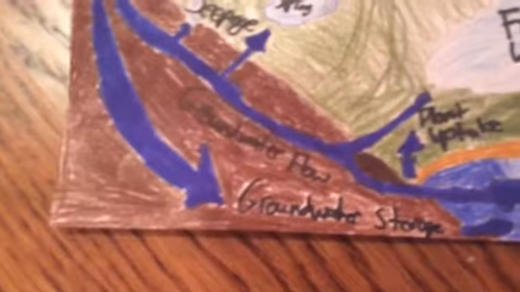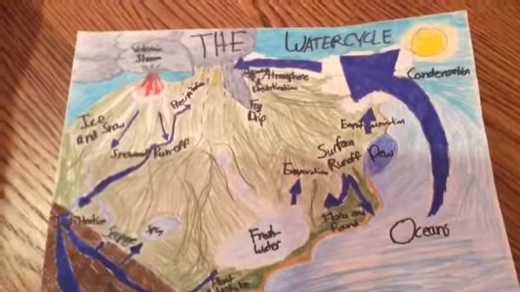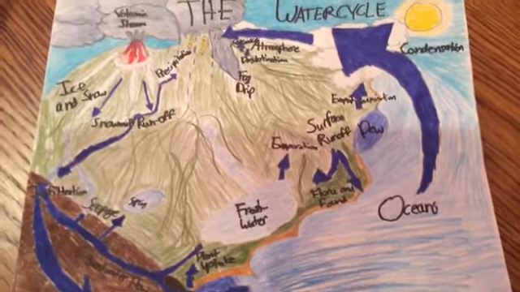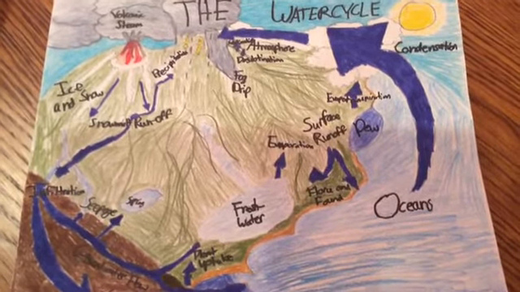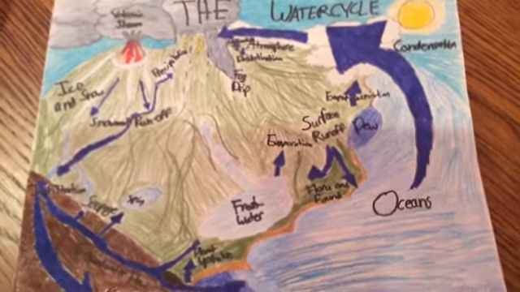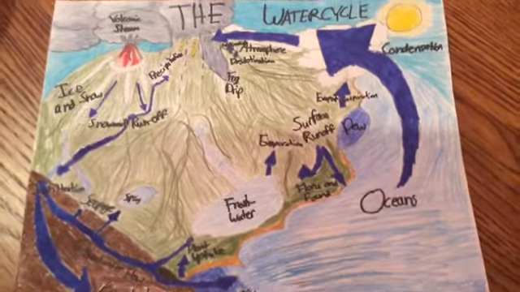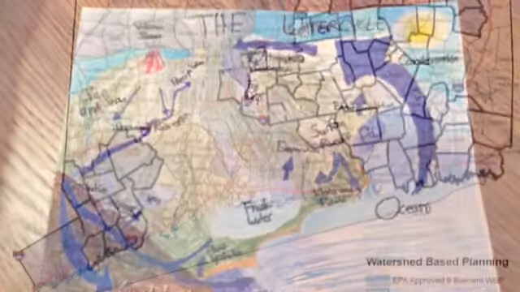But then the water that goes into the ground goes into groundwater storage or groundwater flow to go into our oceans, which then triggers the cycle all over again. The water cycle is constantly moving, and it will never stop. If it stops, then our water is out. So we gotta make sure to protect our water so no part of the water cycle stops.